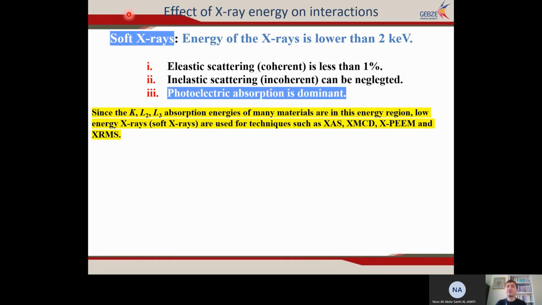So if you are using soft X-rays, you can carry out absorption experiments, okay? Why? Because many elements have K, L2, and L3 absorption energies around this range, lower than 2 kiloelectron volt.